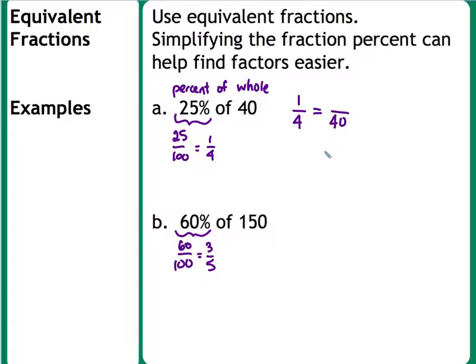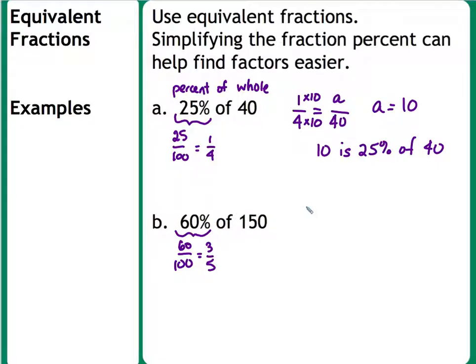And now Big Ideas really likes to use A for part as the variable, so I'm going to do that. So 1/4 is equal to A over 40. Now equivalent fractions says, how do we go from 4 to 40? We multiply by 10. So we do 1 times 10, and that tells us that A is equal to 10. So just like we had before, 10 is 25% of 40.